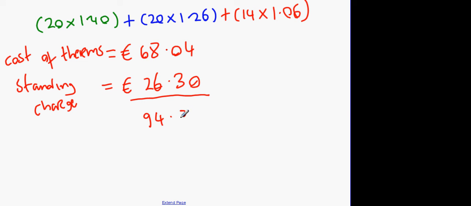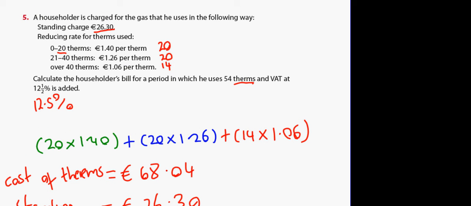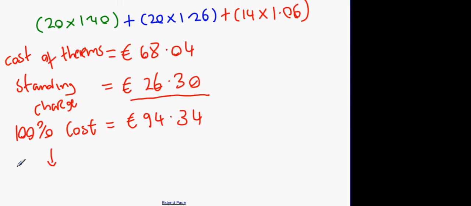How much percent is that, guys? That's 100% of the cost, yeah? What do we have to do now? We have to add on the VAT. If you go back to the question, it says calculate the householder's bill for a period in which he uses 54 terms and VAT at 12.5%. So let's find out what 1% is. To get 1%, you divide by 100.